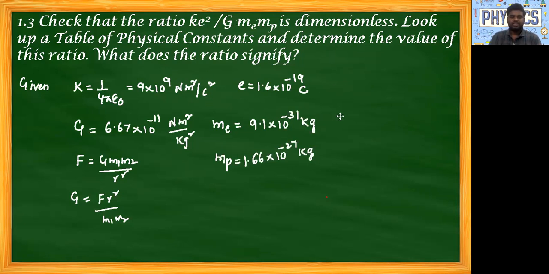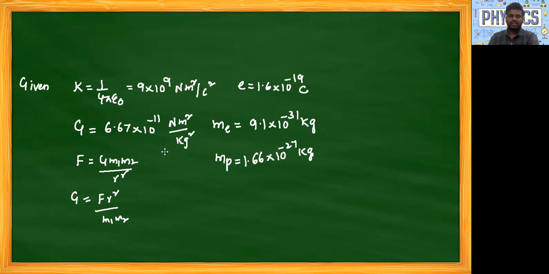Now check all these units, whether we get a dimensional or dimensionless quantity. What is our equation? K e square by G m_e m_p. Now we are only checking the units.